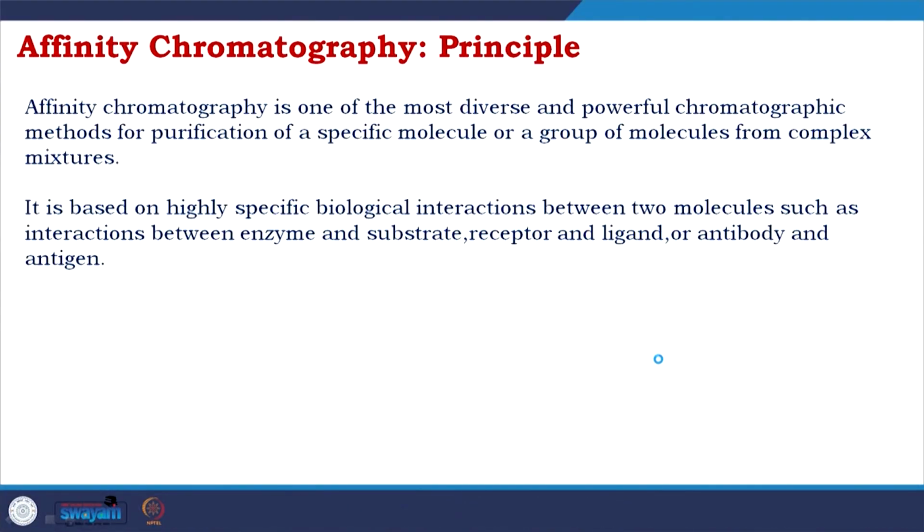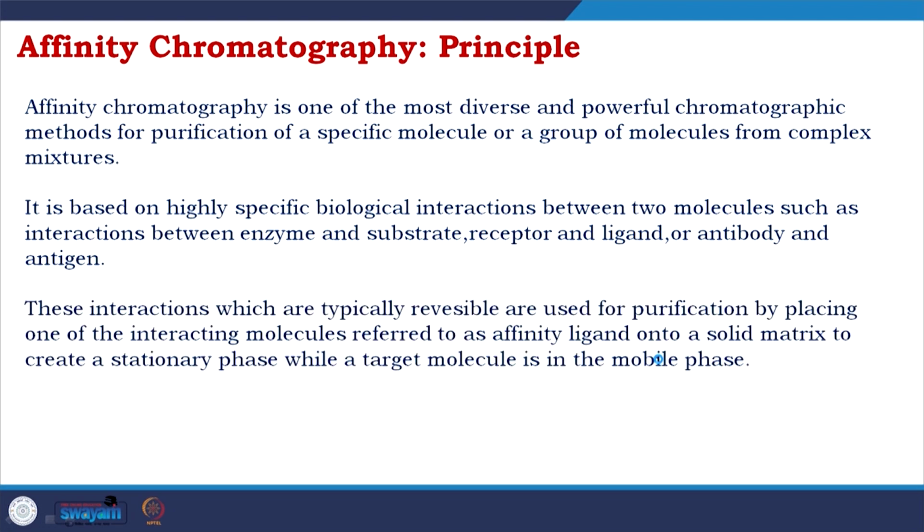It is based on highly specific biological interaction between two molecules, such as enzyme and substrate, receptor and ligand, antibody and antigen. These interactions are typically reversible and are used for purification by placing one of the interacting molecules, referred to as the affinity ligand, into a solid matrix to create a stationary phase, while a target molecule is in the mobile phase.